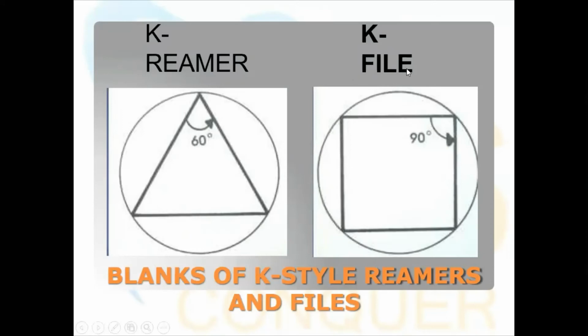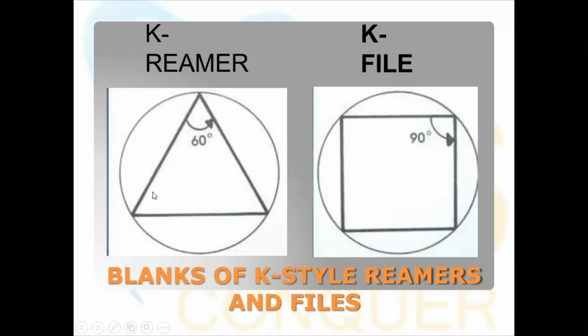So file has 4, that means either square or rectangle in cross section. If we remember this file cross section, then this will be remembered easily. And this is the first difference between the reamer and the file. I repeat again, the first difference is the cross section, triangle for the reamer and square for the file.